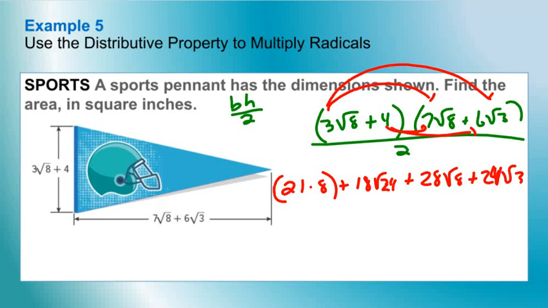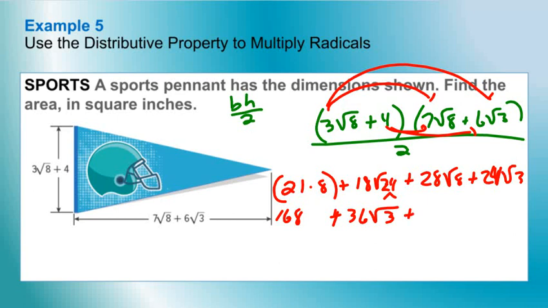If I simplify this, this will give us 168. The square root of 24 can be broken down as square root of 8 times the square root of 3, and the square root of 8 is 2 square root of 2. So this will give us plus 36 square root of 3.